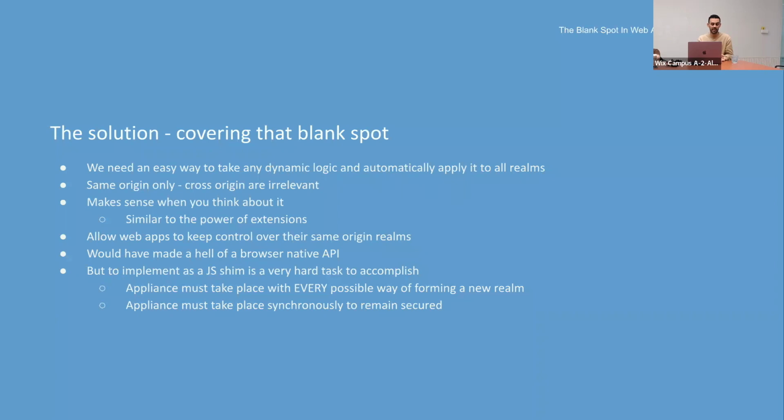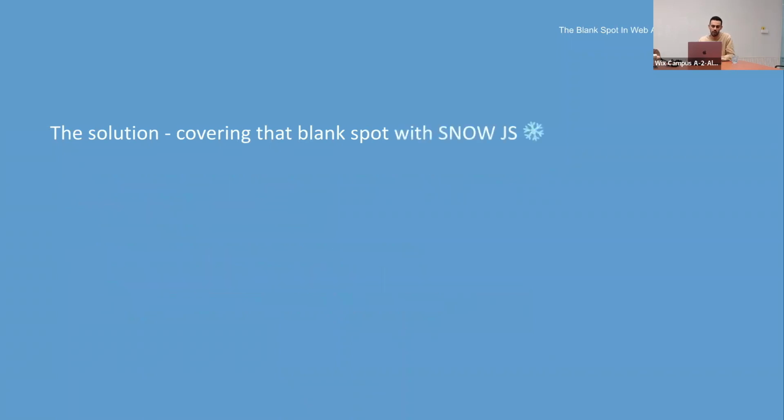Because if that doesn't take place synchronously, it means that an attacker can create a realm and then abuse it and only then allow us to take care of it. So we need to make sure that we take care of it before an attacker has any access to it, which makes it very complicated as well.